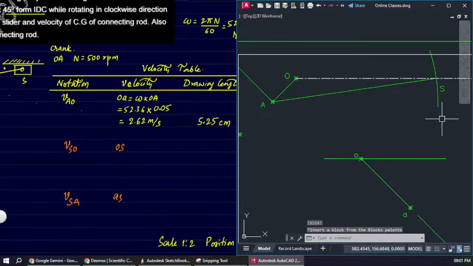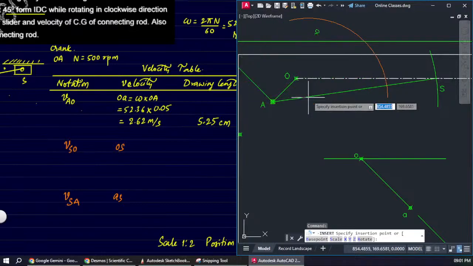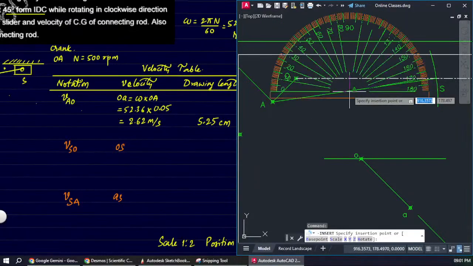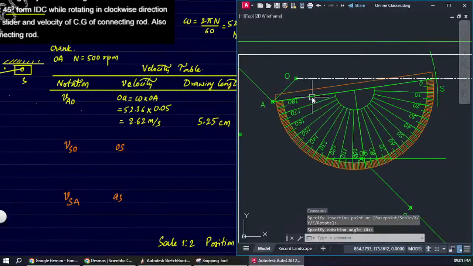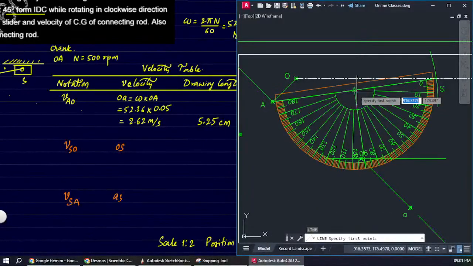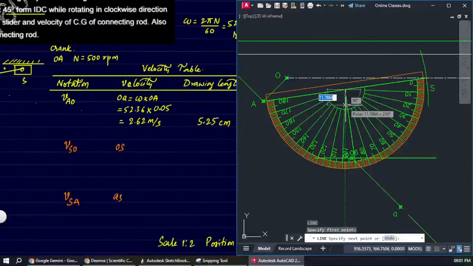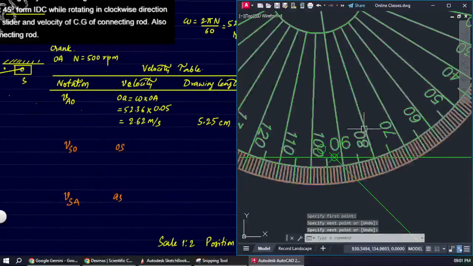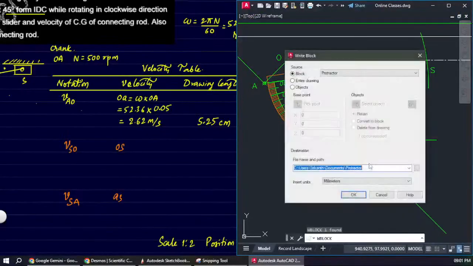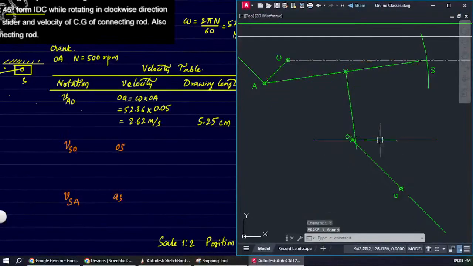Let's quickly take our protractor and keep it at some reference point. Once again we will have to draw a perpendicular. First let me place a point here, and then from that point I need a perpendicular. Let me just remove my protractor.